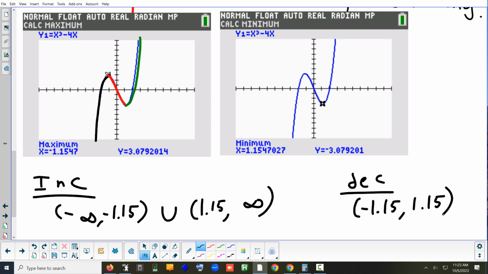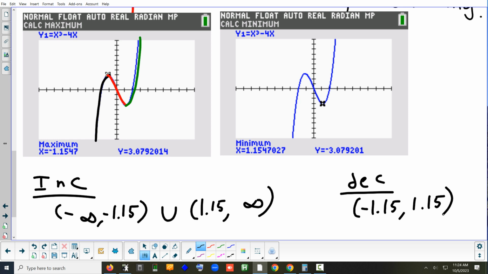It's so perfect. It doesn't always come out that way. Is the reason that we're not including negative 1.15 and 1.15 because they're not going up or down? Right. When you're at 1.15, think of it as if you were climbing that, you're right at the top. Now it's flat there. You can't do up or down.